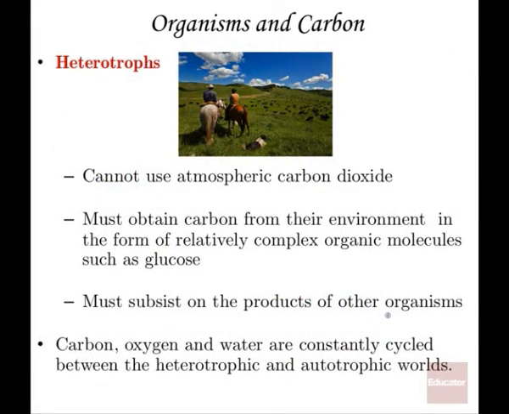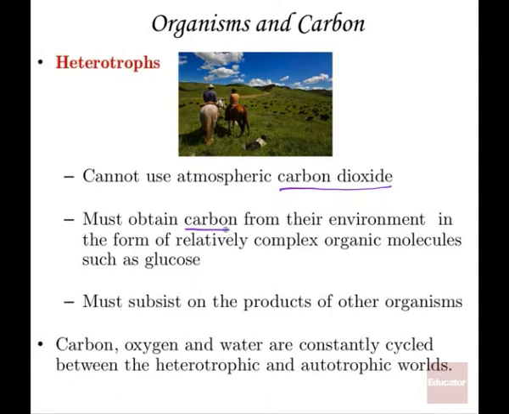Heterotrophs, on the other hand, are organisms that are required to consume other organisms in order to stay alive. They don't use carbon dioxide; rather they rely on oxygen, and they obtain carbon from the environment through other organisms.